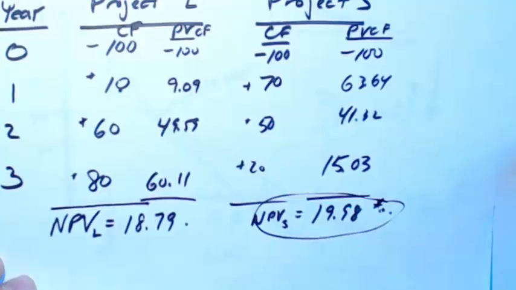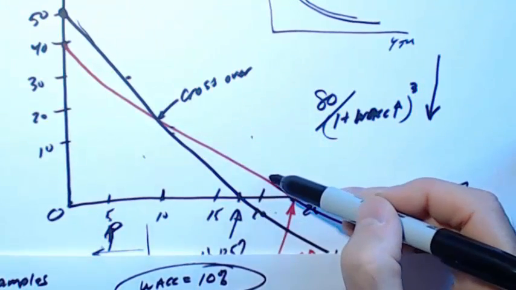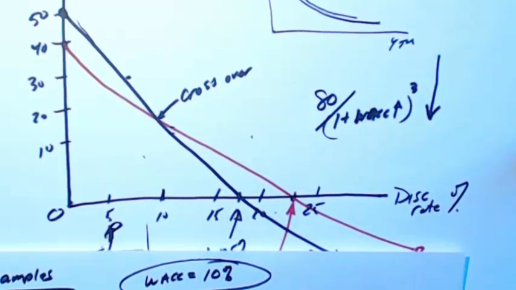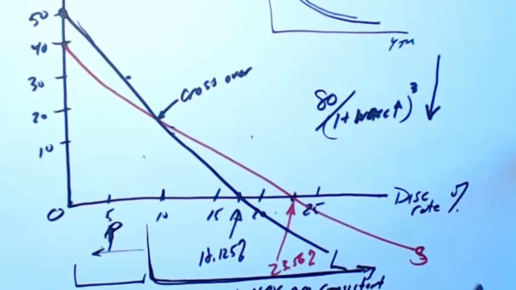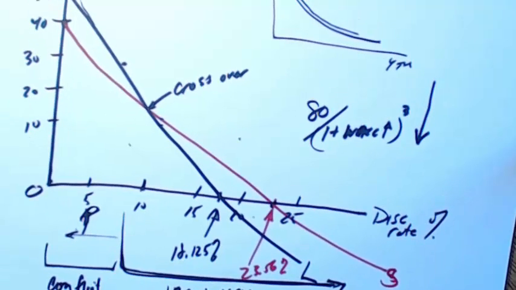There's just not much of an impact. That's why Project S wins at high discount rates. So that explains why there is a crossover and inconsistency between net present value and internal rate of return in this example, depending on where the discount rate is.